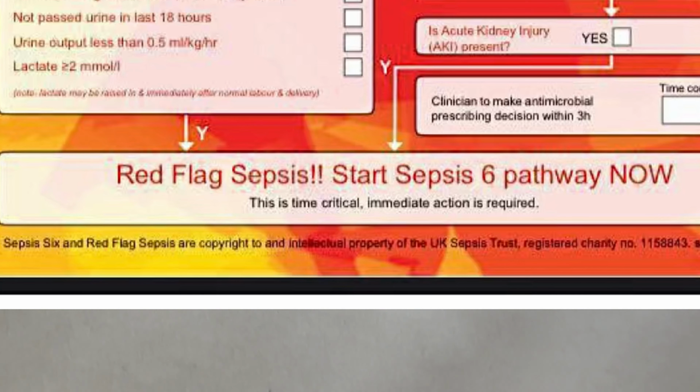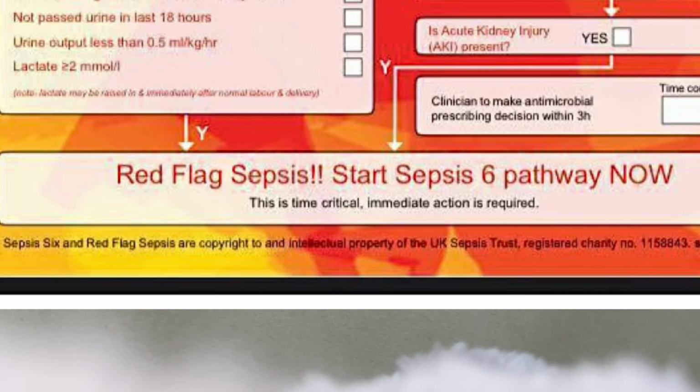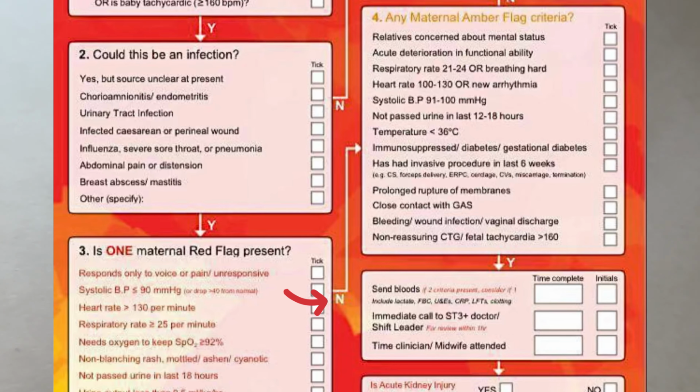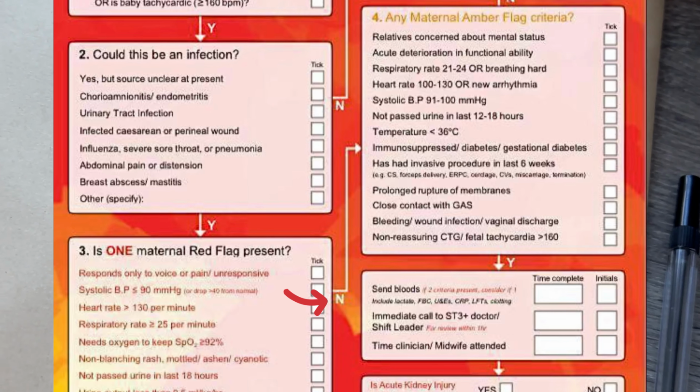Now let's say over number 3, there was no red flag indication, so we are moving along the end part, and when you look at the arrow, it draws us all the way to 4, which is any maternal amber flag trigger.